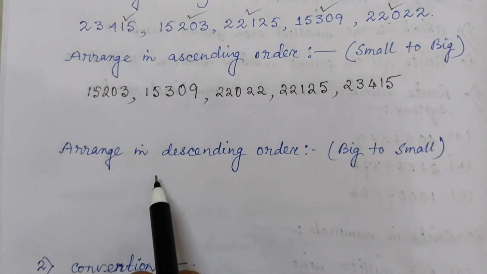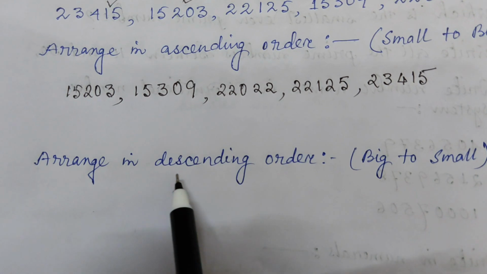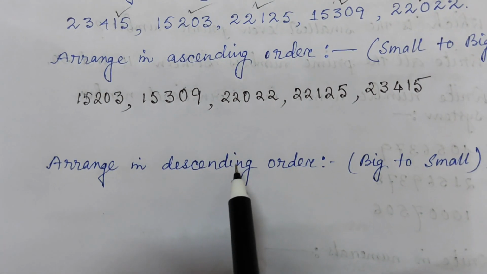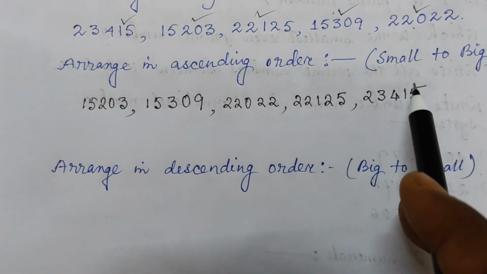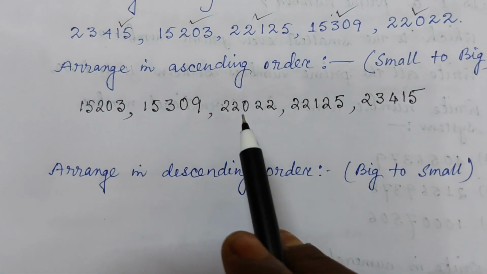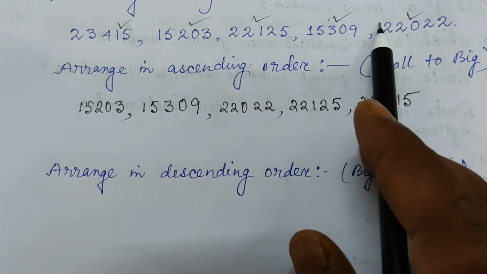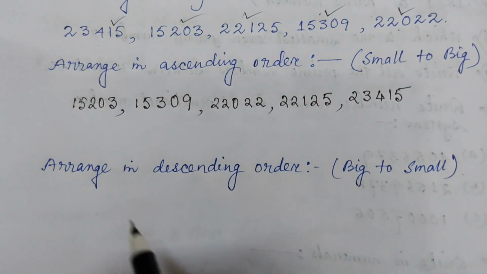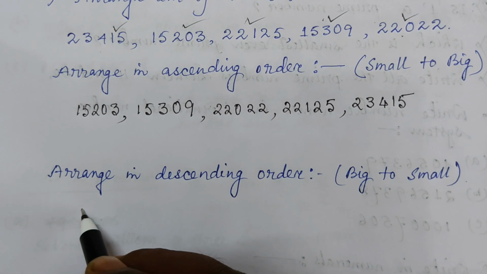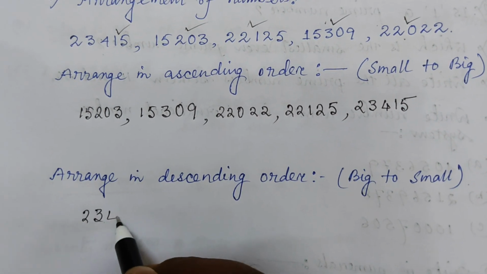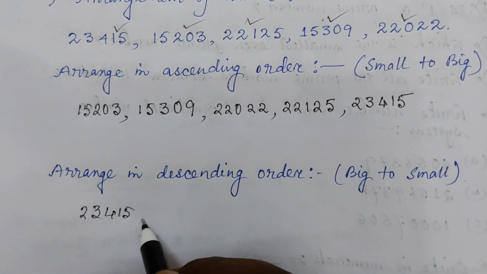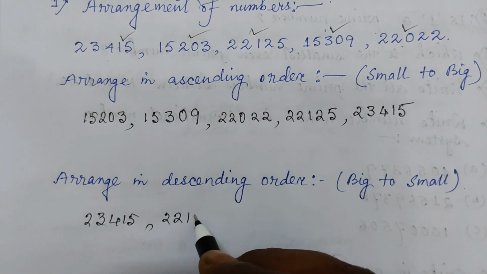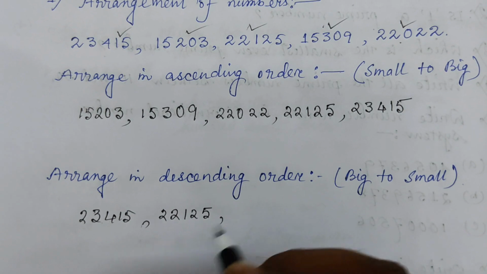Now similarly, descending order, that is from big to small. So just its reverse. Among the numbers, the biggest number is 23,415, so it will come first. 23,415. Then 22,125.